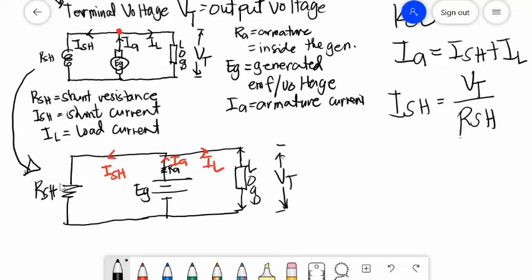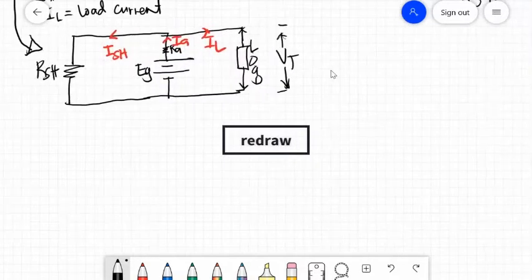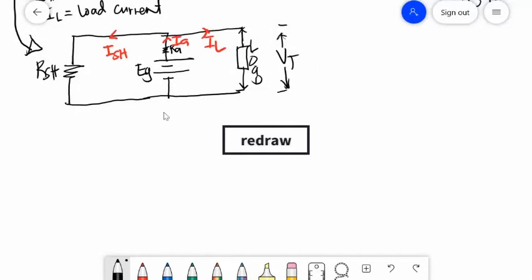So ISH, the current here, is equal to the terminal voltage divided by your shunt resistance. You can also rewrite this circuit with a battery or generator.